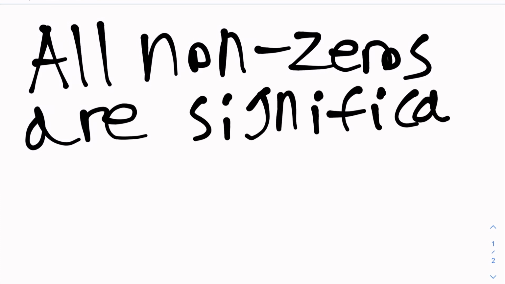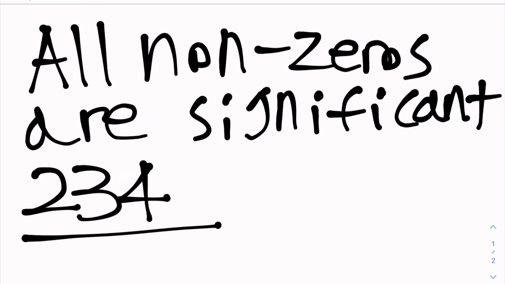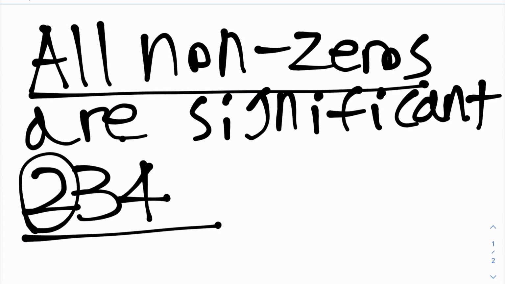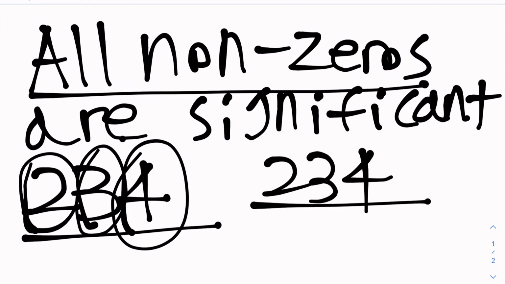So if, for example, we look at the number 234, 234 will have 3 significant figures because the first rule states that all non-zeros are significant. 2 is a non-zero, 3 is a non-zero, and 4 is a non-zero. So 234 will have 3 significant figures.